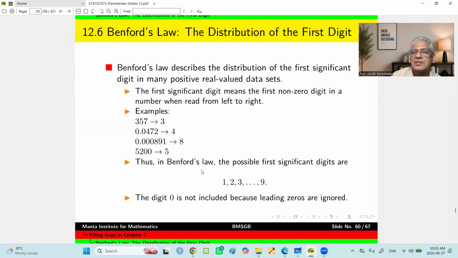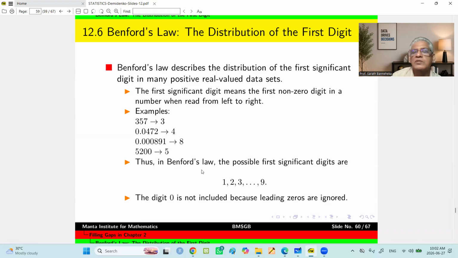So first digit, not the value of the observation. So somebody was interested in finding out the distribution of the first digit of a set of observations which are non-negative. So Benford's law describes the distribution of the first significant digit in many positive real valued data sets.